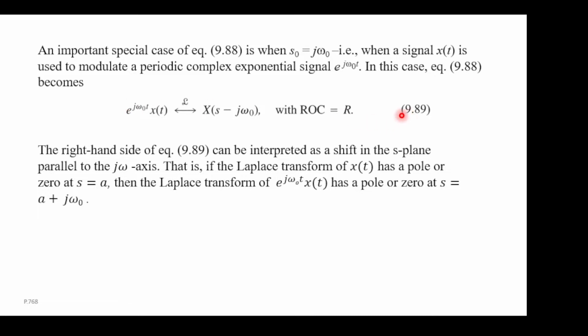Okay, and obviously the ROC doesn't shift as we said because this thing doesn't have a real part. But if you have poles or zeros, they will actually get shifted by this j omega naught. They go to a plus j omega naught. Okay, question? So the ROC doesn't change, but your poles change.